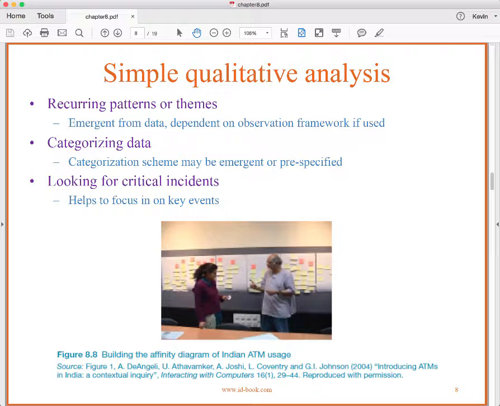And the other thing we might be looking for are critical incidents. Okay, so we might be looking through the data and trying to find phenomena that particularly stand out as significant key events that we want to be able to characterize in a useful way in terms of our findings.